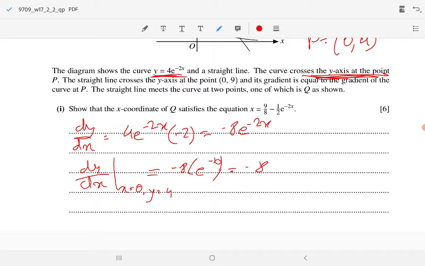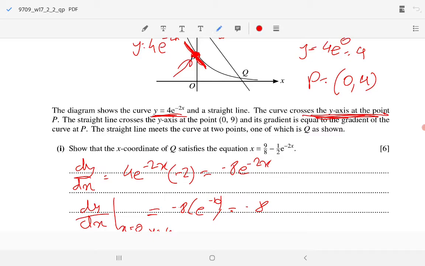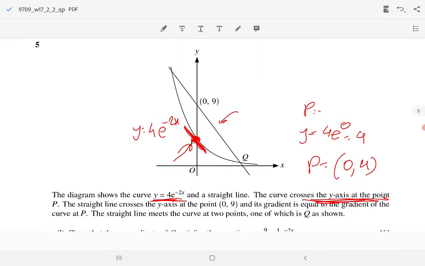Then we know that the gradient of the curve at point P is minus 8, so the gradient of this line is also minus 8. So we can just use y equals mx plus c.